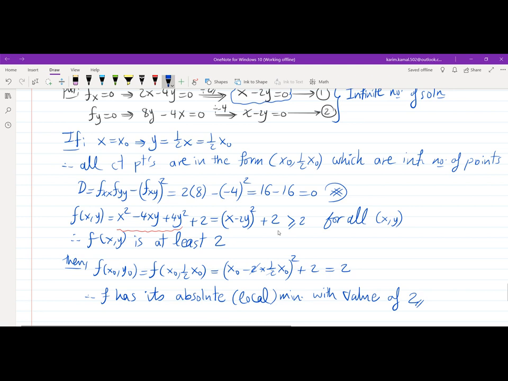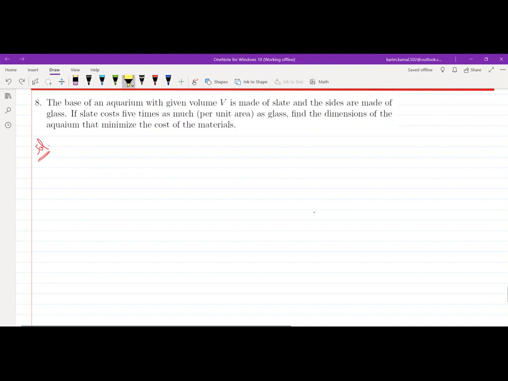Problem number 8 states that it's an application problem. The base of an aquarium with given volume V is made of slate and the sides are made of glass. If slate costs 5 times as much per unit area as glass, find the dimensions of the aquarium that minimize the cost of the materials.